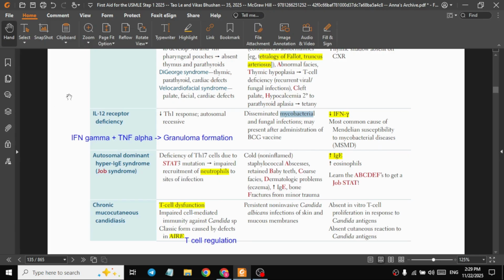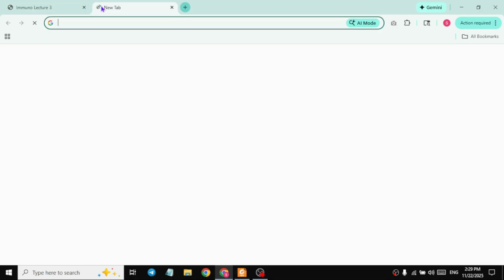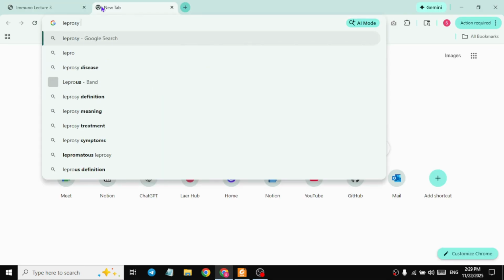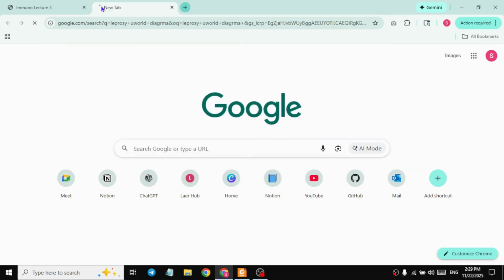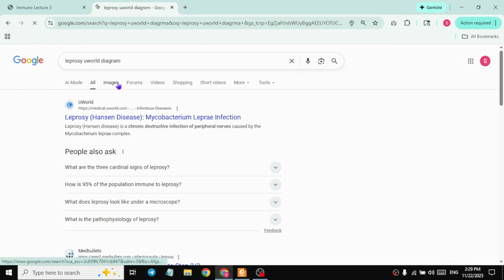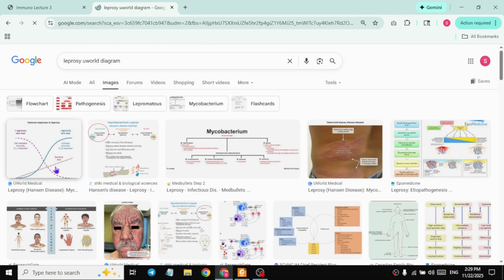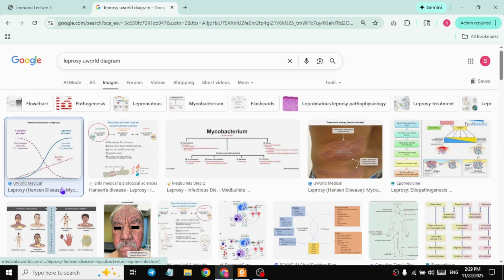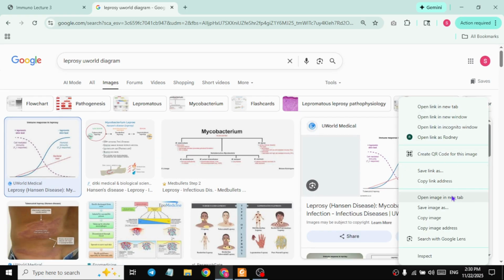Let me take a second here to explain leprosy and how it works. If I haven't done it individually, leprosy, you will. All right, so I'm going to put this in my notes too. But remember what is happening here.